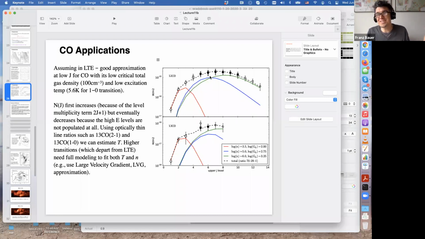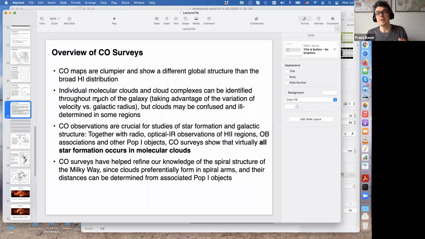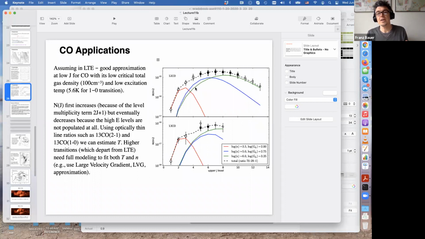The assumption is that there's one dominant thing that's contributing here. I don't have any slide there, but this is for a relatively low temperature cloud. If you have, for instance, a very hot source, then it would peak at J of 20 or J of 30. So you can have multiple components from physically different things that you then have to try and fit.